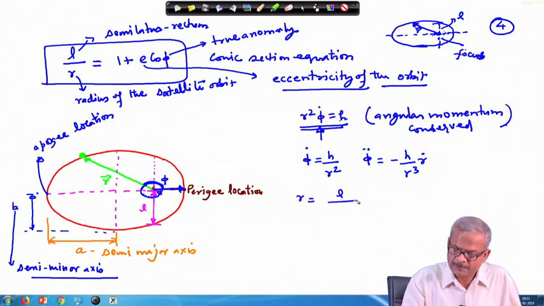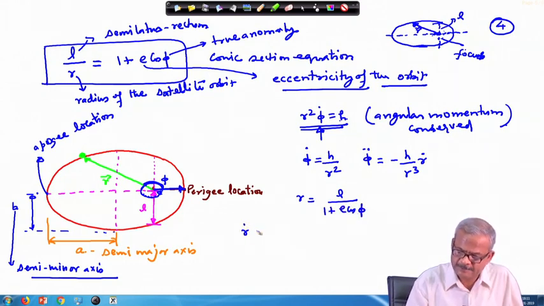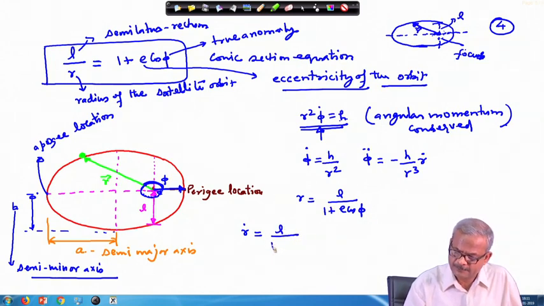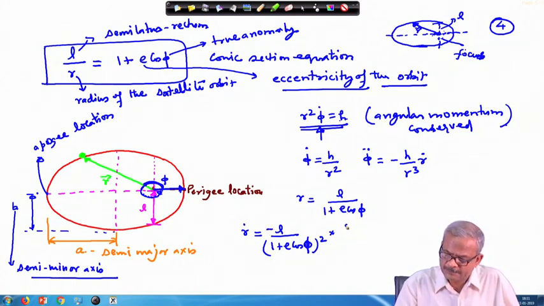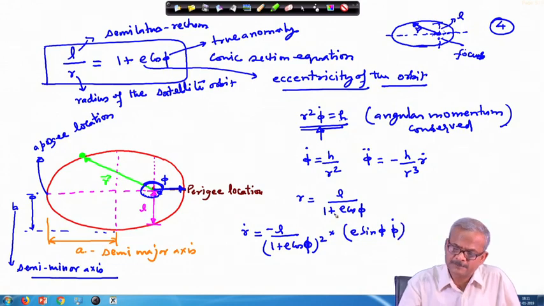r equal to L by 1 plus e cos phi. Differentiate this. If we differentiate this, we get r dot equal to 1 by (1 plus e cos phi) whole square, with a minus sign here, and then differentiating this quantity, this will be e sin phi times phi dot.